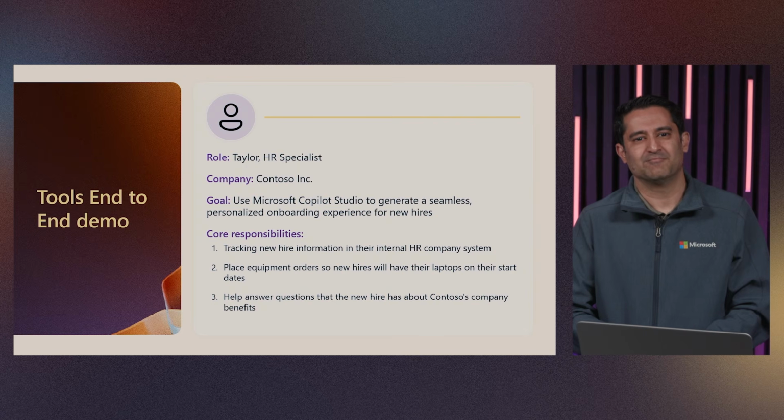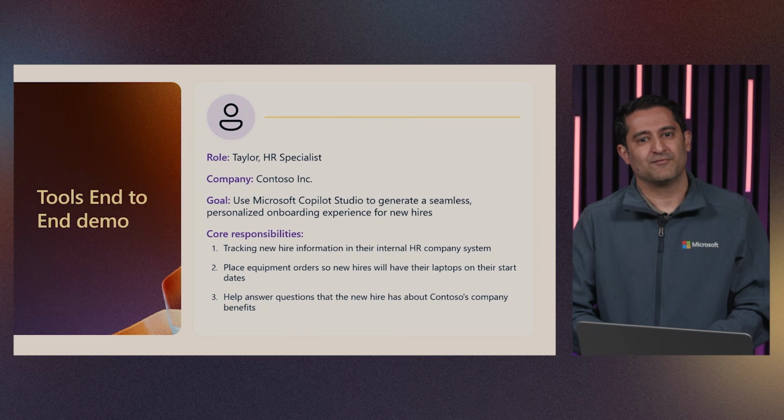Today, Taylor relies on multiple systems and functions within Contoso to track new hire information. This information could be things like looking for candidate names, their start dates, departments they work for, their job titles, and many more.